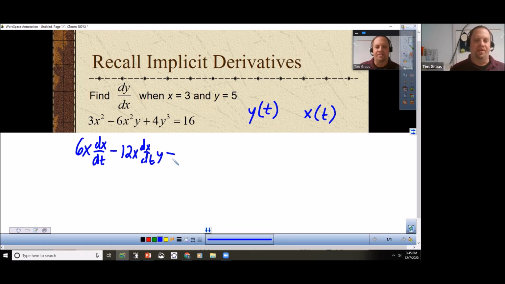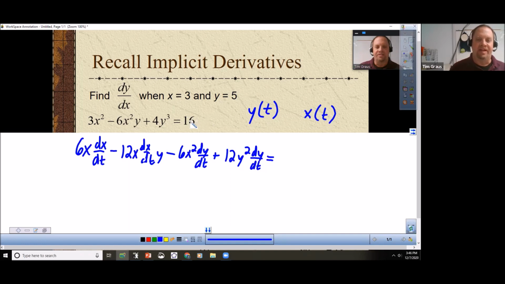And then for the other part of the product rule, negative 6x squared times the derivative of y, but we'll write the derivative of y with respect to t. And then finally, the derivative of 4y cubed. That's going to be 12y squared times the derivative of that implied function, so times dy/dt.